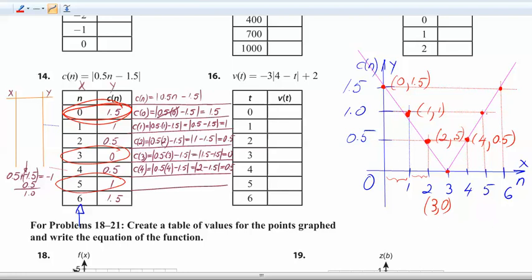Okay, and the next one 5 and 1, and the last one here 6 and 1.5. This is one way. Another way is to just call, okay, this is point A, B, C, D, E, F, G, and eventually on the graph you're gonna label them A, B, C, D, E, F, G. This way, no matter who's correcting your paper, will have no doubt that you understand how to graph this function. Okay?